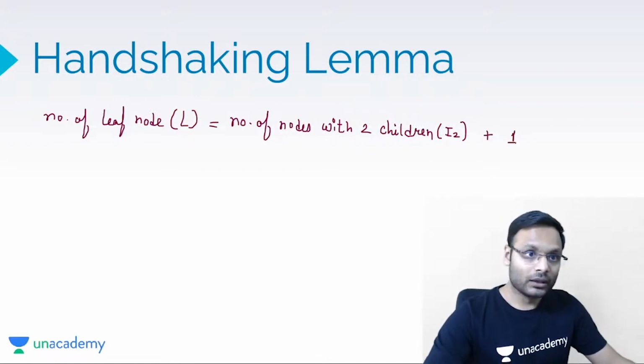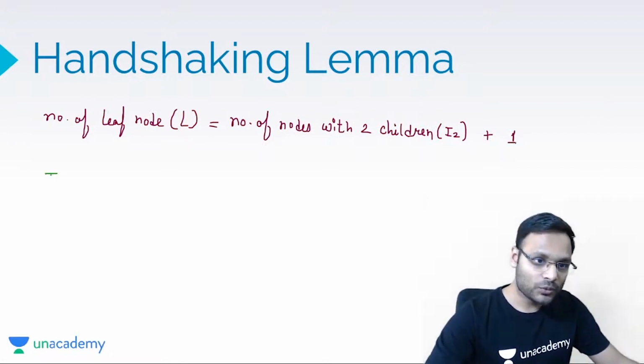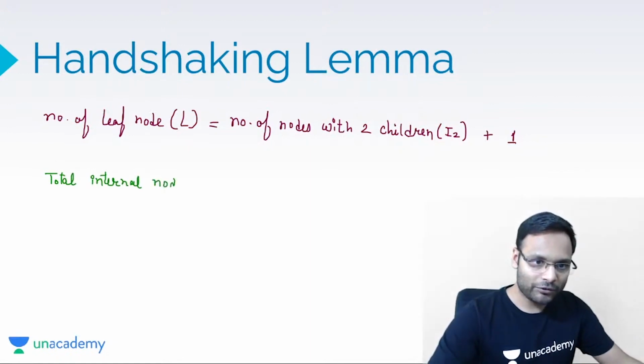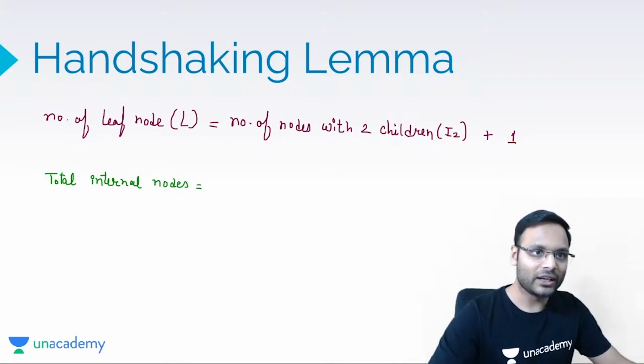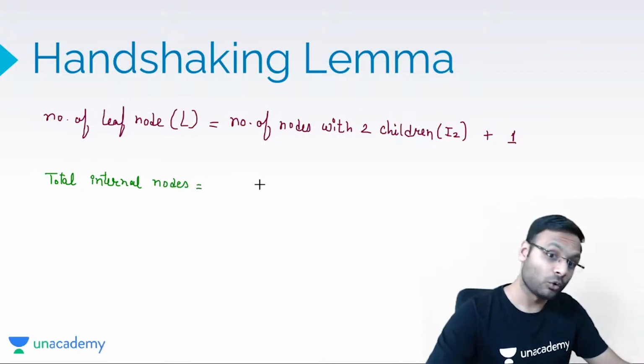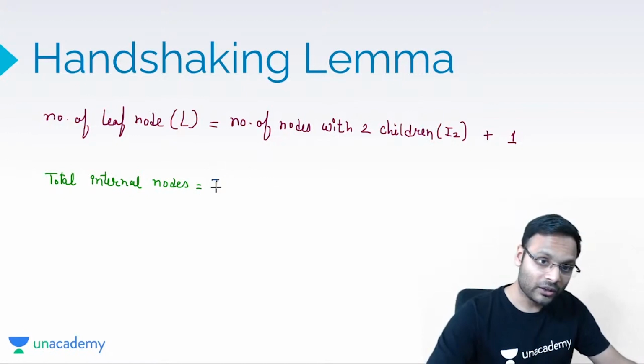And how many total internal nodes can we have? Two types of internal nodes are present in the binary tree: internal node with single child, internal node with 2 children. So total internal nodes will be equal to internal nodes with 1 child plus internal nodes with 2 children.